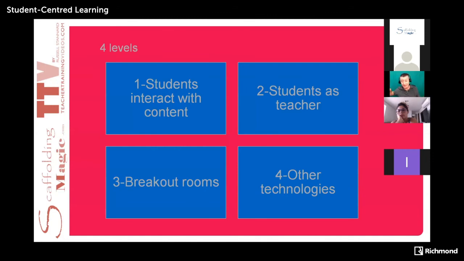Stage 4 is where you start linking to other technologies. So you're doing a lesson, but you're not always in Zoom. You might push them off onto the Richmond platform, tell the students to go off and do an exercise or do an activity. Okay, then they come back and you open up the platform in screen share and you see, okay, everyone's done it, everyone's passed, or look, there's a few problems here. Let's look at that.